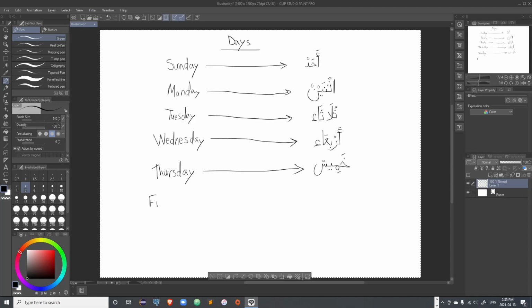Friday has a different name than 6. That is called Jum'ah. So how would I know if this is a ta marbuta or a tied ta or a ha?